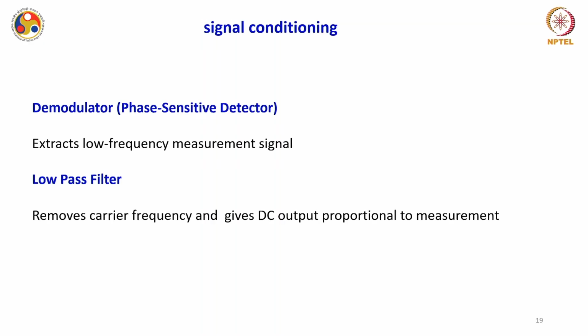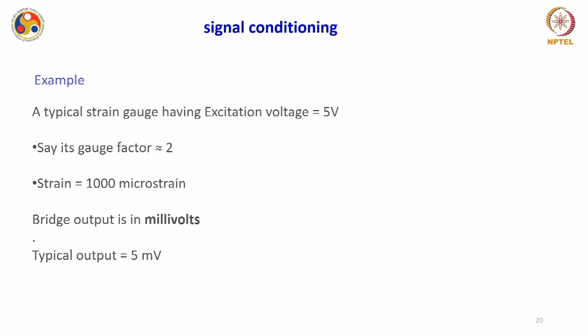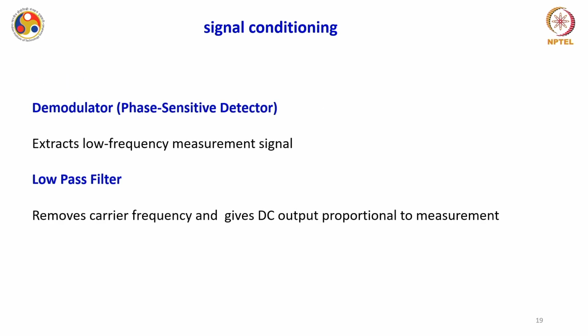The demodulator is a phase sensitive detector which extracts the low frequency measurement signal, and at the output the low pass filter removes any carrier frequency and gives a DC output proportional to the measurand. The signal conditioning in this case is also simple, but of course a little more complicated compared to the previous DC excitation system.